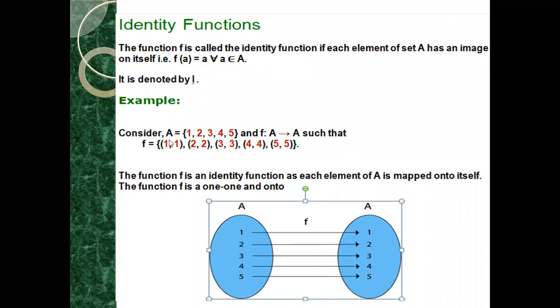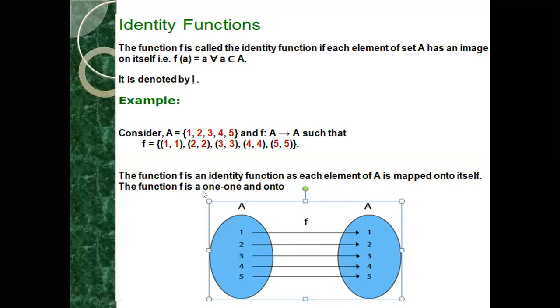So for example, consider the domain set 1, 2, 3, 4, 5 and the codomain is also A, such that the mapping is 1 to 1, 2 to 2, 3 to 3, 4 to 4, 5 to 5. Each element has an image on itself. The function f is an identity function as each element of A is mapped onto itself.